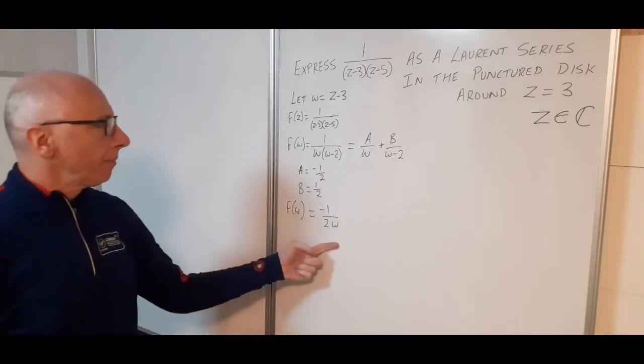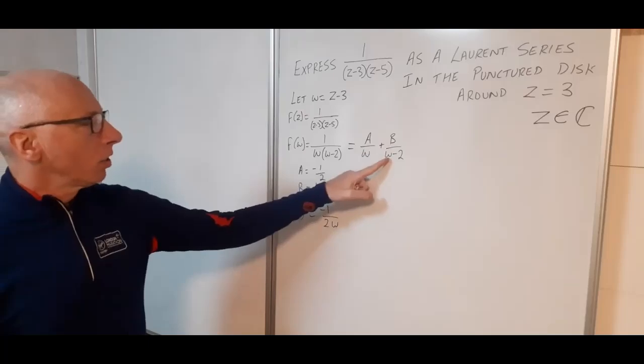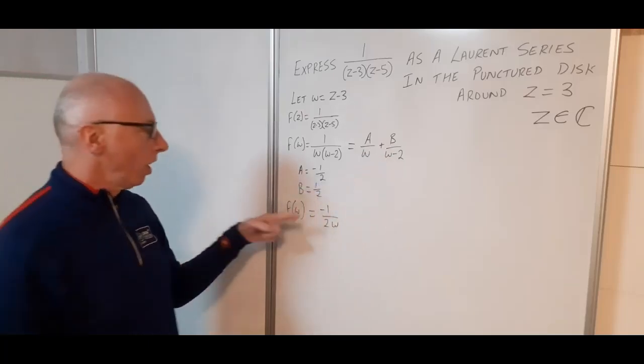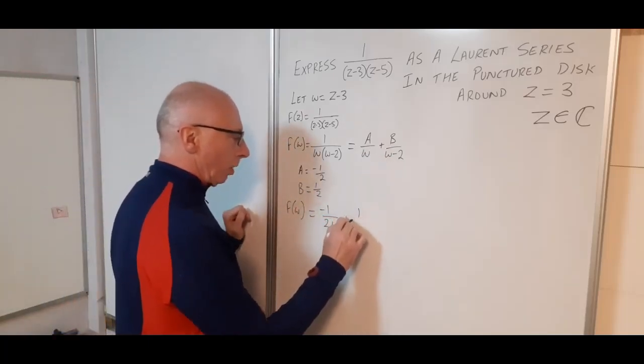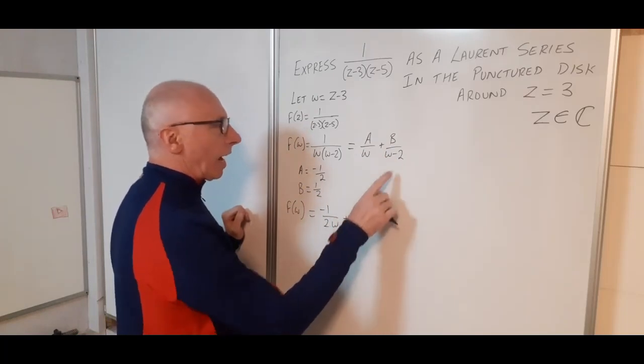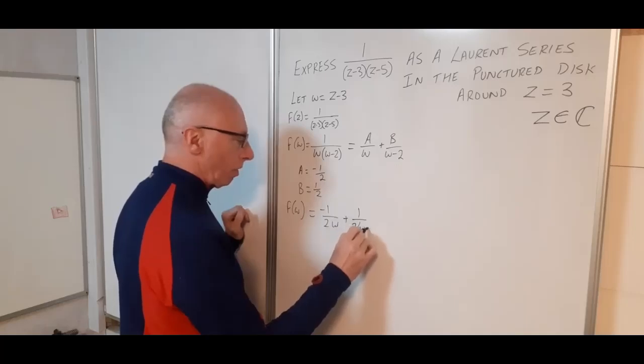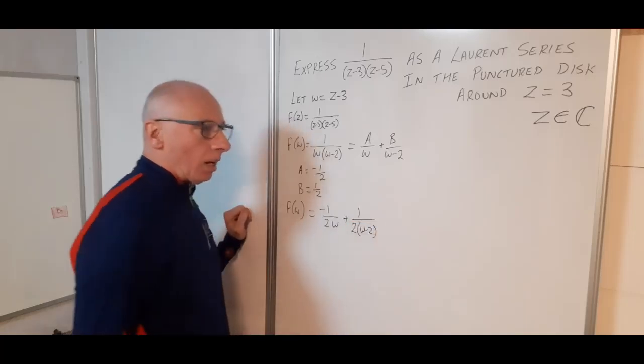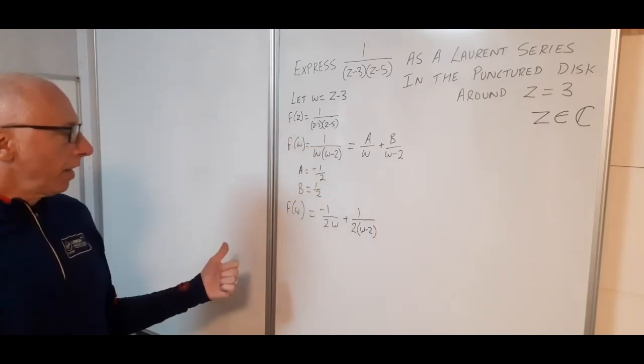And then plus b over w minus 2. What is b? b is 1/2, so that's plus 1/2 times 1 over w minus 2. I must put a bracket there for that one. Okay, so that takes care of that.